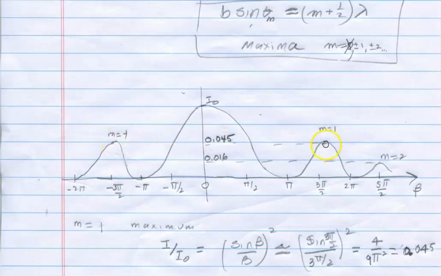That's here. And that's very, very nearly 3 pi over 2 at beta equals 3 pi over 2. It's a little bit under, but it's so close it's usually not worth going after any closer. The next one up here is when m is equal to 2 in this formula. So you get 5 pi over 2. And they continue to fall off.